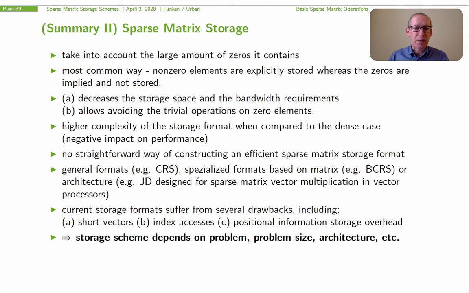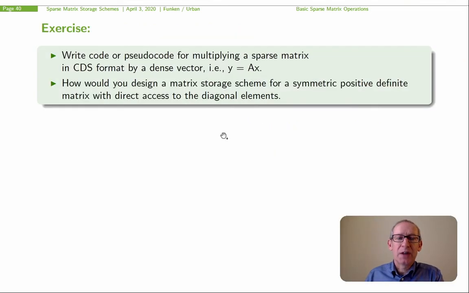It depends on the problem, on the problem size, on the architecture, and you get your own impressions of how it affects the runtime and the storage. So at the end, I would like to ask you to work on two more or less interesting and simple exercises.